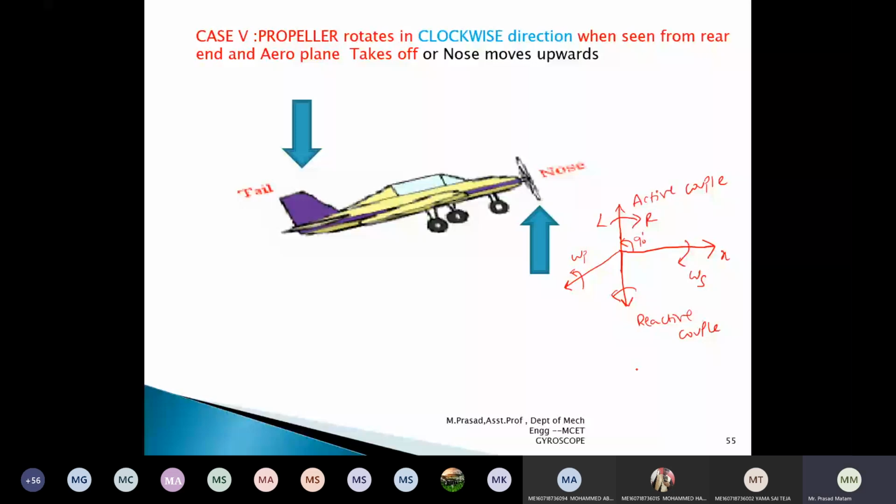You can see here, active couple AC moves from left to right and reactive couple moves from right to left. Now what is the effect here?